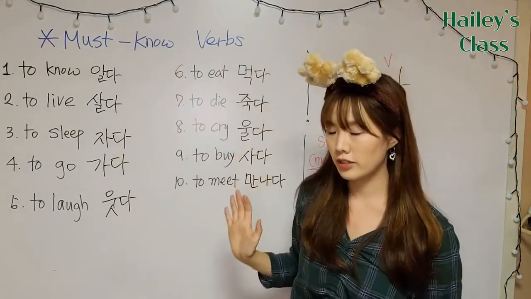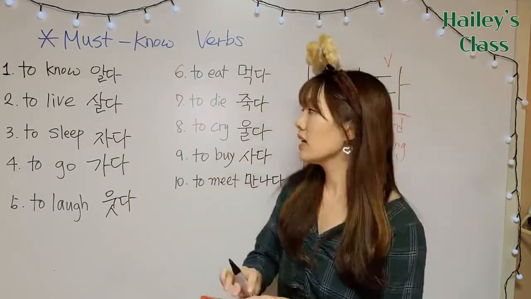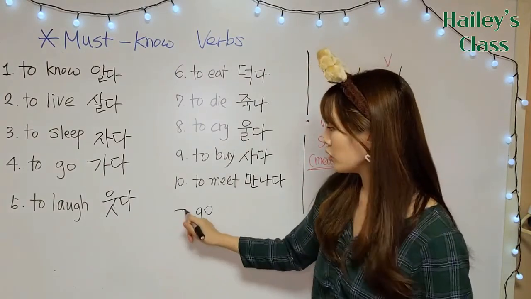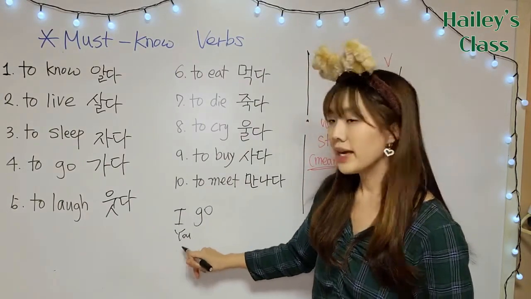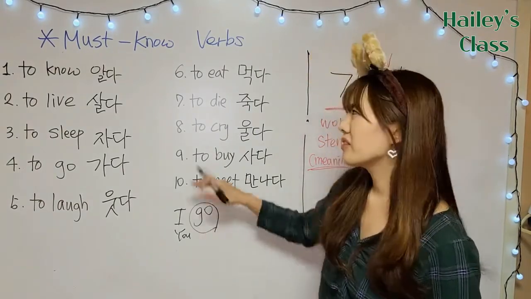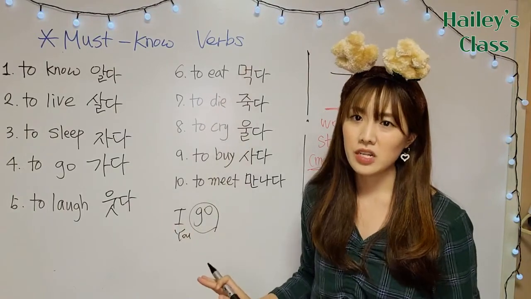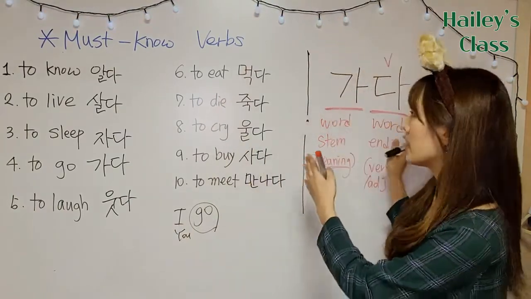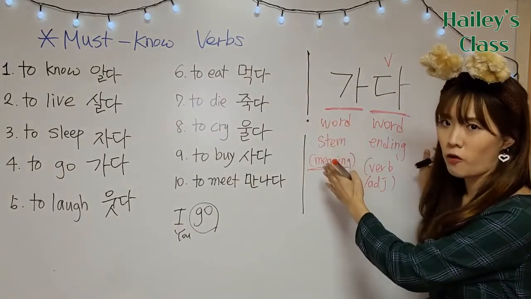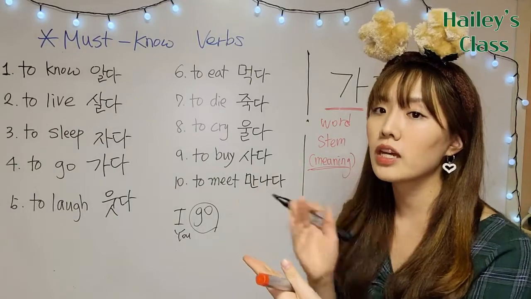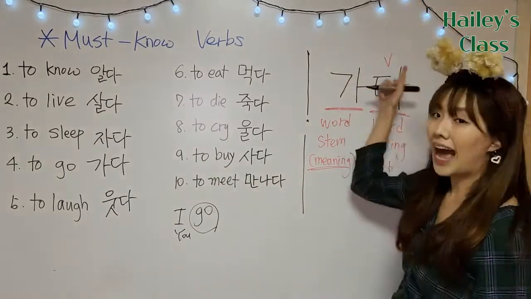But in English, when you say I go, you go, he goes, she goes, everything is go, right? But in Korean, it's different. This is the dictionary form. When you search the dictionary, you can see 가다.